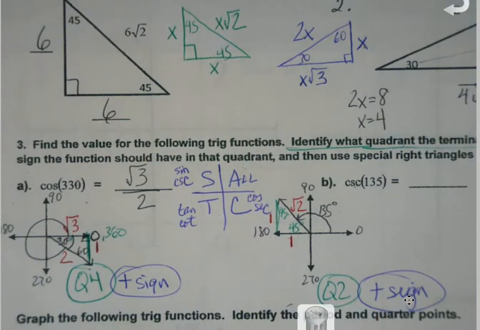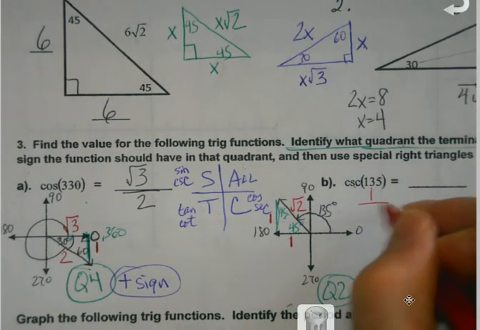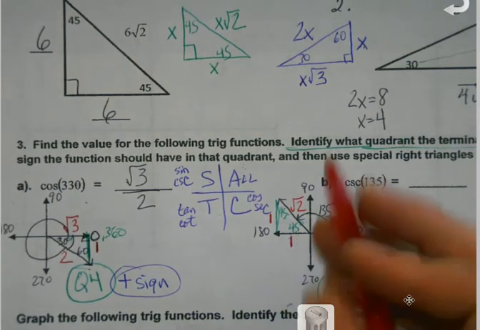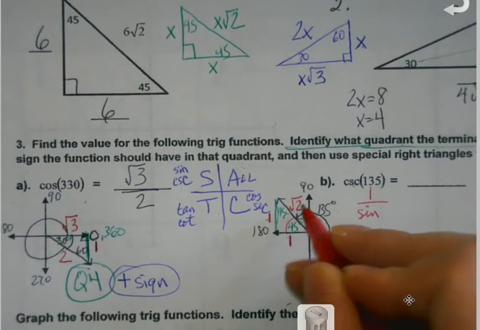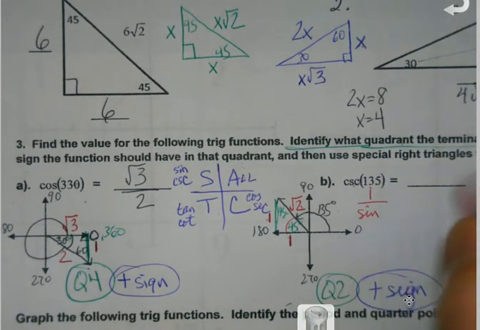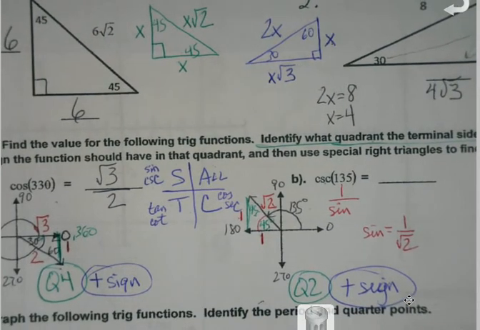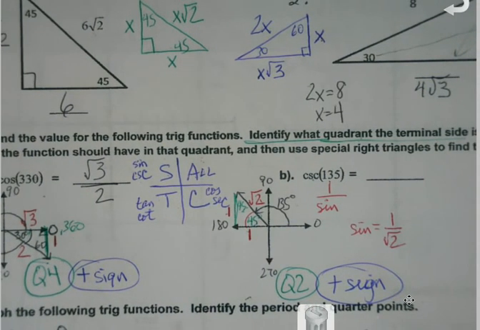So I look and I say, okay, cosecant is 1 over sine. So let's do sine first, and then we'll figure out what the answer is. Sine is opposite over hypotenuse. Uh-oh. We have a radical in the denominator. How do I fix that?